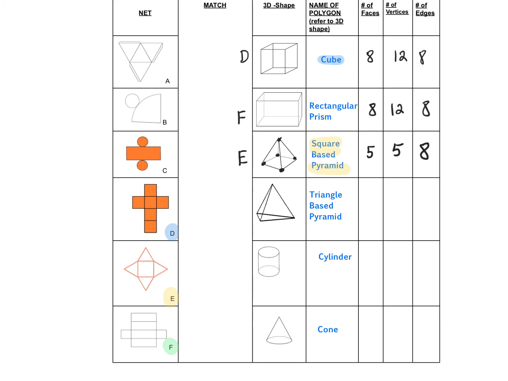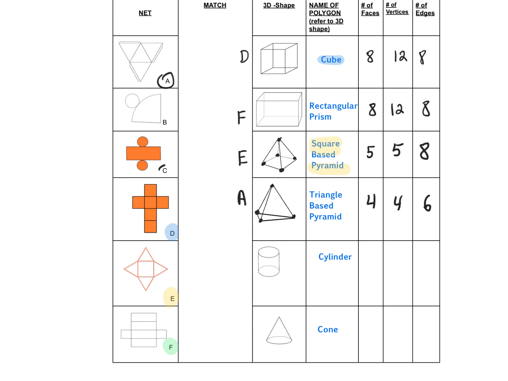My triangular prism, look here, A matches it down here for the net. And when I think about my triangular pyramid or my tetrahedron, I have 4 faces, I have 4 vertices, and my edges, I have 3 on the bottom and 3 going up, so I have 6 edges.